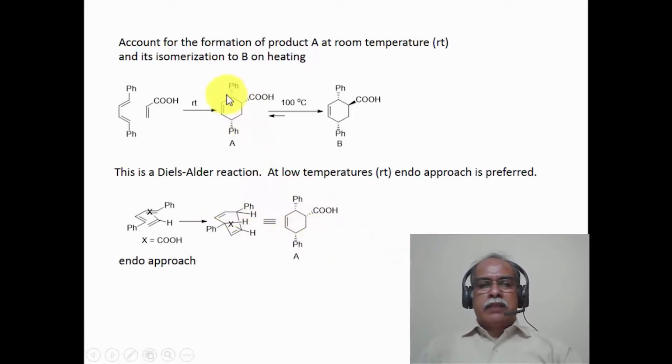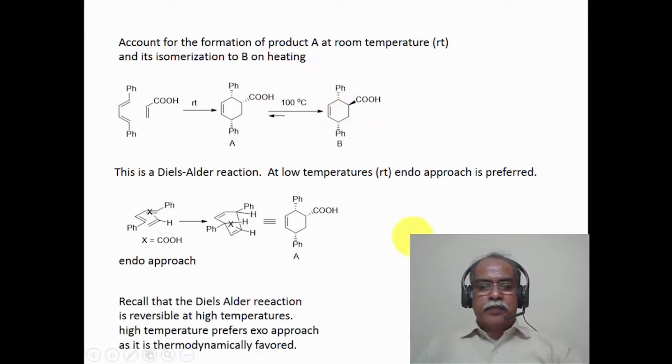Now, how is it that this is undergoing isomerization to give this particular product at high temperature? Please recall that the Diels-Alder reaction is a reversible reaction at high temperature. In other words, the retro Diels-Alder reaction can take place, and at high temperatures the Diels-Alder reaction prefers the exo approach, which is the thermodynamically favored approach.